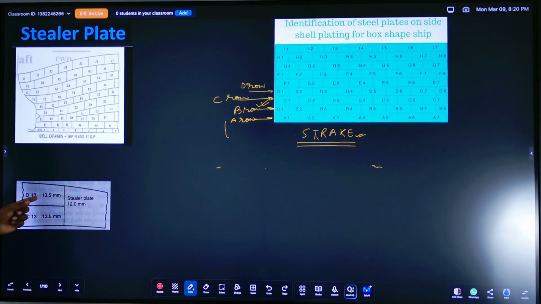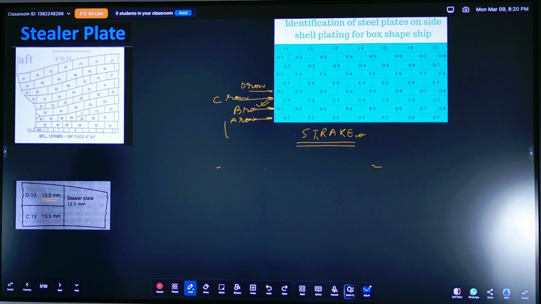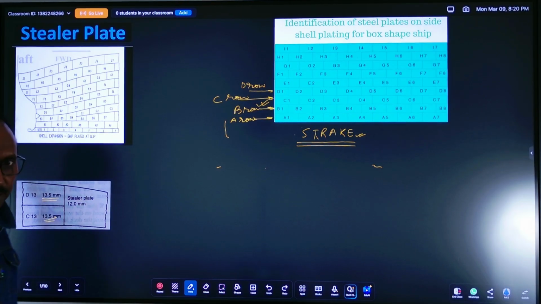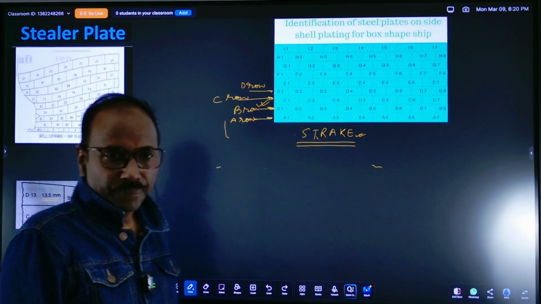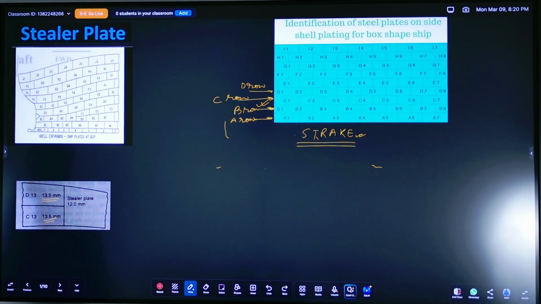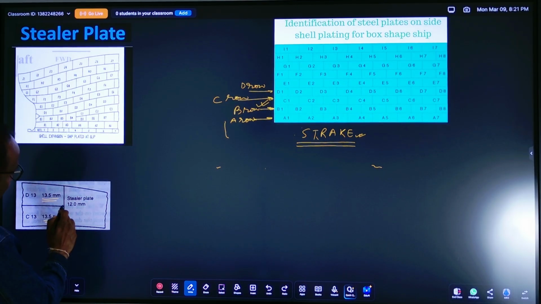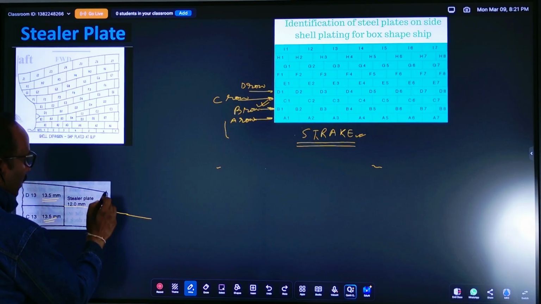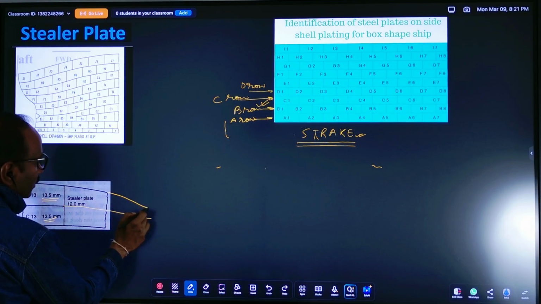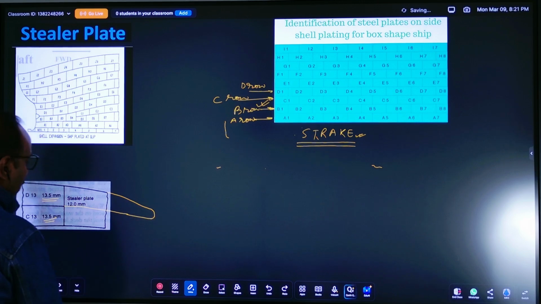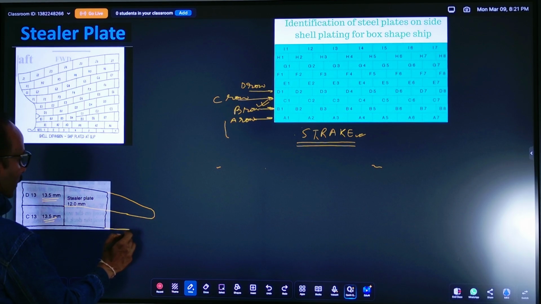This you can see is the D13 strake of 13.5 mm plate thickness. This one is C13, that is also 13.5 mm thickness plate. Now, if we would have continued like this with the next strake, it is going down. And this one is also like this.